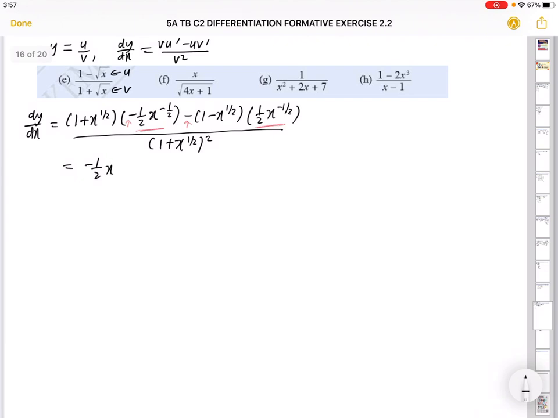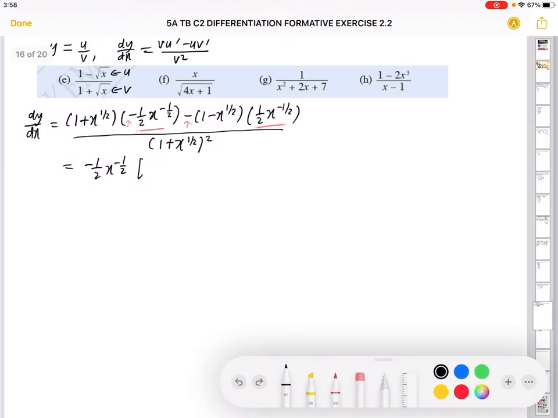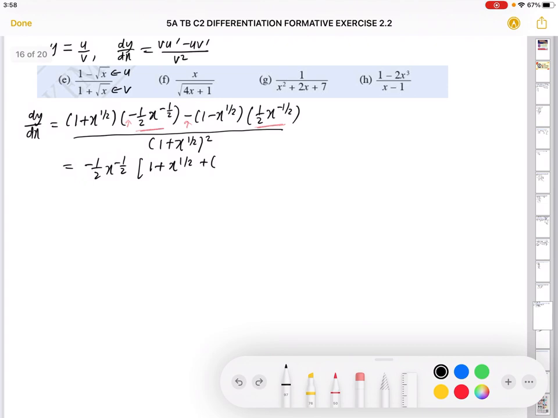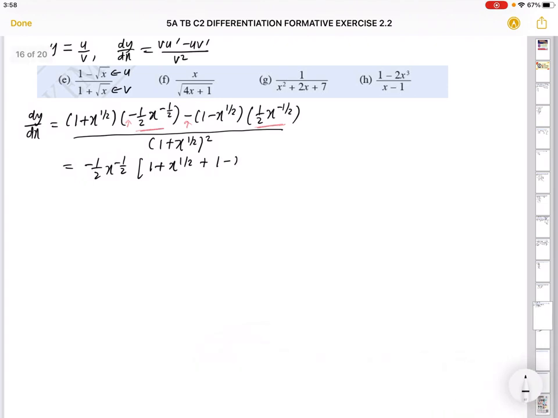They're both the same common factor, x power negative half, so I take them and leave it out. There's an x power half here, and it's now positive because I've taken out the negative. So I put a positive 1 minus x power half, and your denominator is just (1 plus x power half) squared.